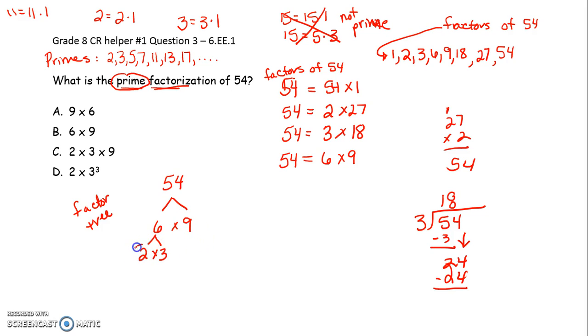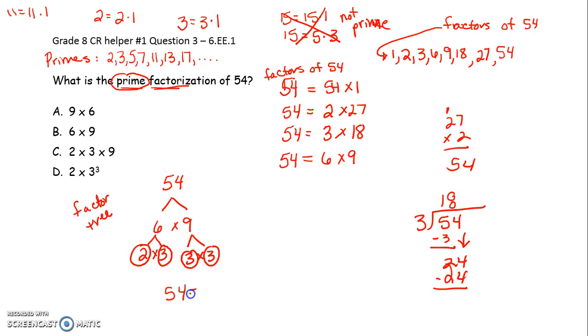Is 2 prime? Yup, circle it. Is 3 prime? Yup, circle it. Then I go over to 9, and can I break down 9? I sure can. 9 is 3 times 3. 3 is prime, and 3 is prime. Once you get down to factors that are all prime, you know you have the prime factorization of 54.